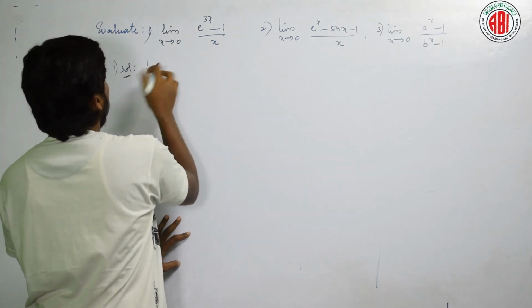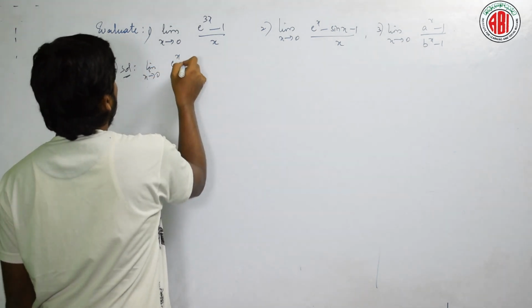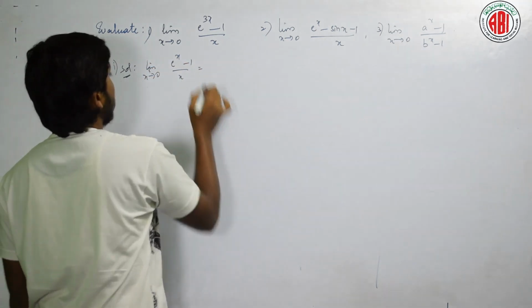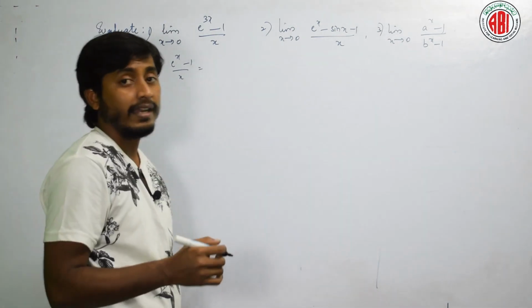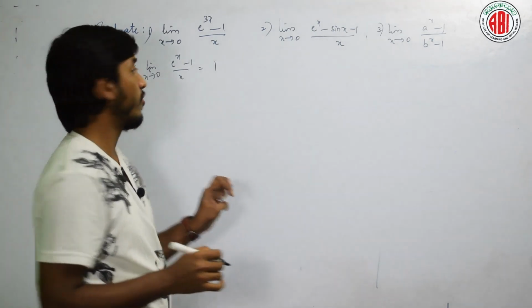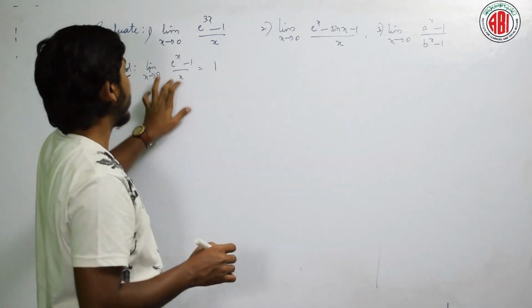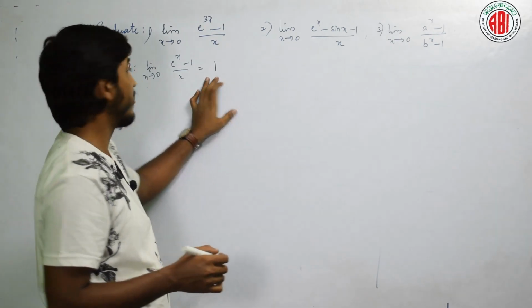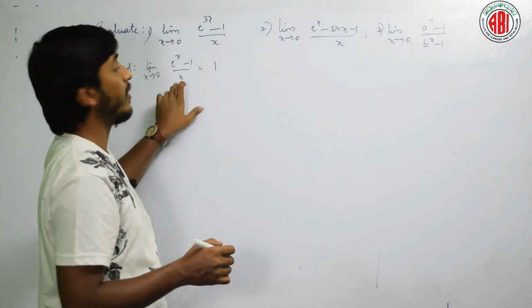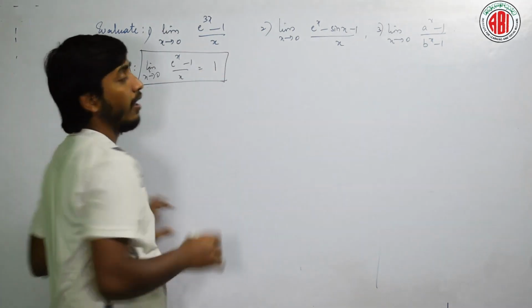That is limit x tends to 0 of e power x minus 1 by x. What is the formula of that? That is 1, isn't it? Yes or no? If it is 1, it is 1. If it is 3, 3 and everything, whatever it is, whatever the x is there, it should be in the denominator, right. This is the formula.